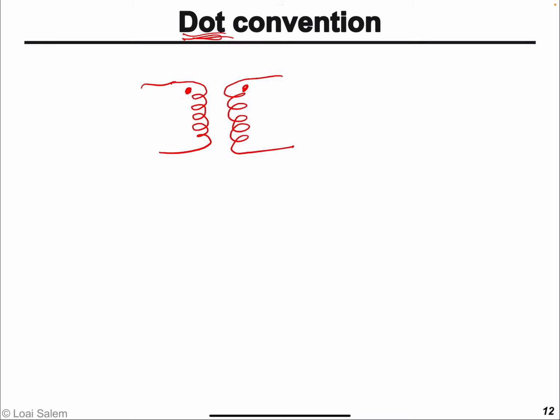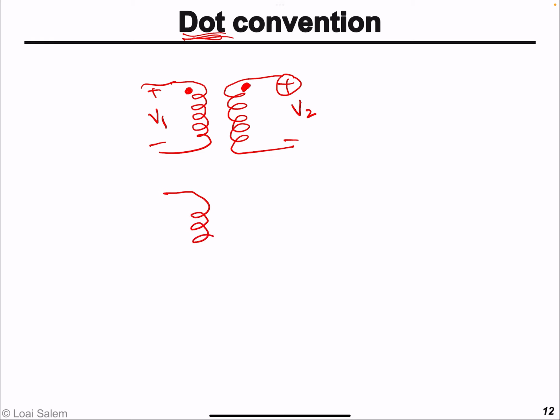This means in the schematic, if V1 is positive at the dot, then the produced voltage will have a positive polarity at the dot of the secondary. So V2 will have positive polarity at the dot.